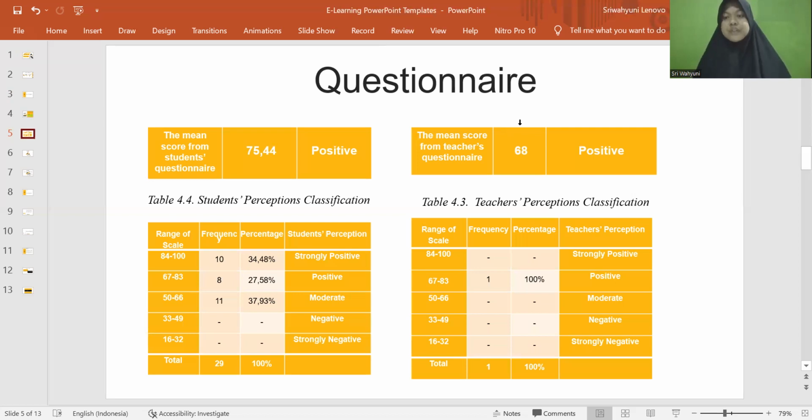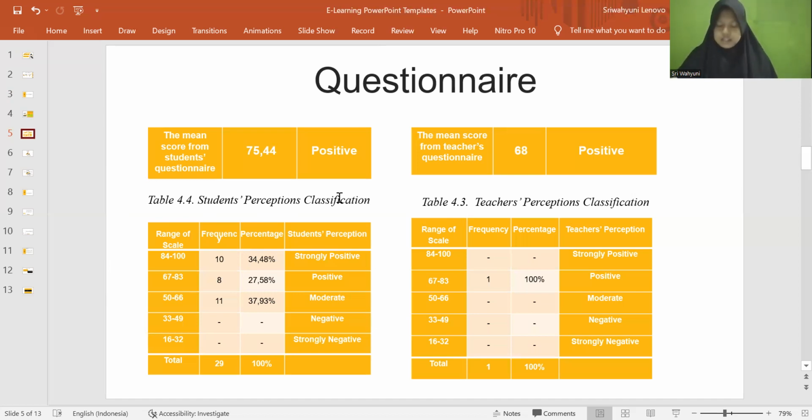The result of the mean score were supported by frequency and the percentage of questionnaire which shows in the table, in this table that you can see from the table 4.3 teachers perceptions classification and table 4.4 students perception classification.